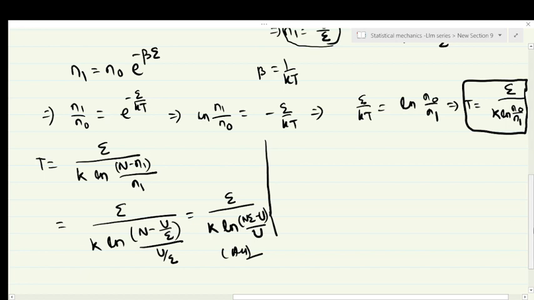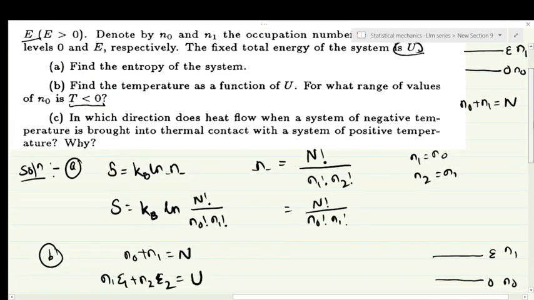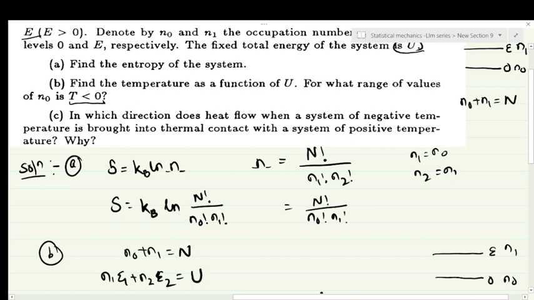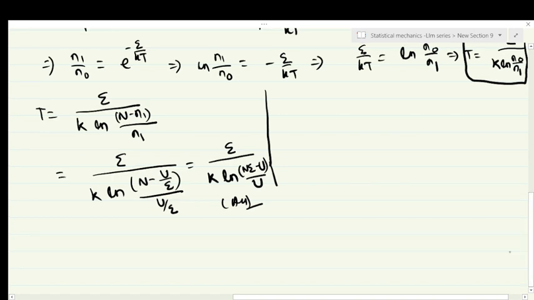And then what is the question? Question B is not finished yet. It is asking for what range of values of N0 is T less than 0. You have to find the range of N0 for T less than 0. Our T expression is E by k ln N0 by N1.